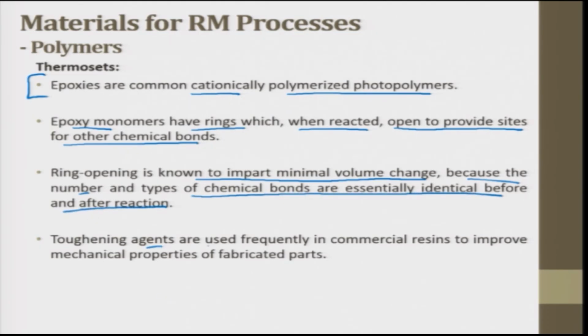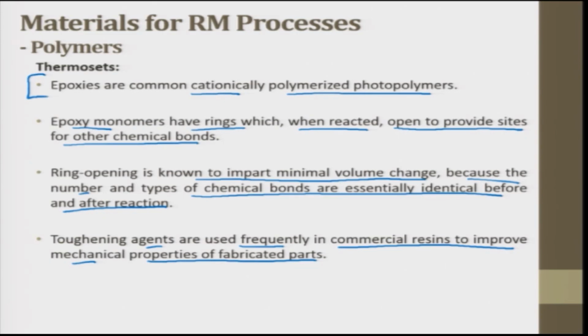Toughening agents are used frequently in commercial resins to improve mechanical properties of the fabricated parts. Epoxy stereolithography resins typically shrink less than acrylates and have much less tendency to warp and curl. Defects are fewer and shrinkage is less, so that is why the warping and curling is lesser.